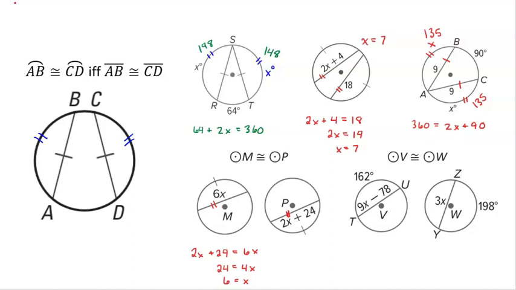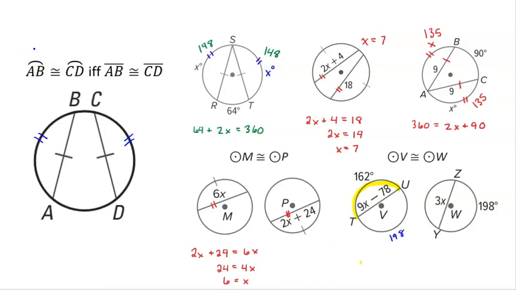And it looks like these arcs aren't the same. But if this arc is 162, that means the other part of this, or this major arc on this side, needs to add up to 360. That makes this one 198.